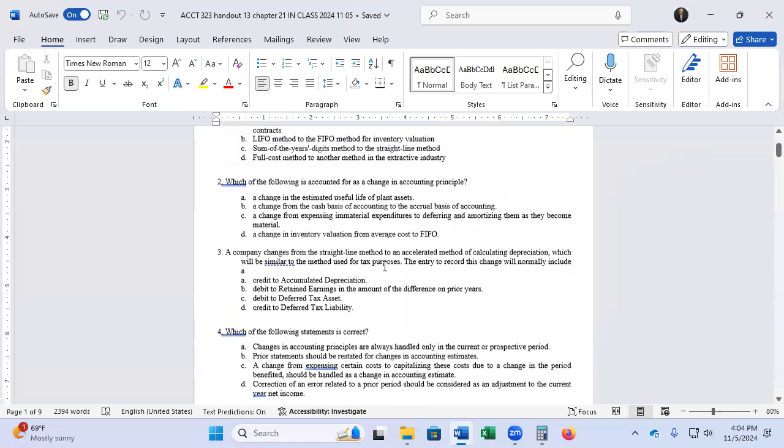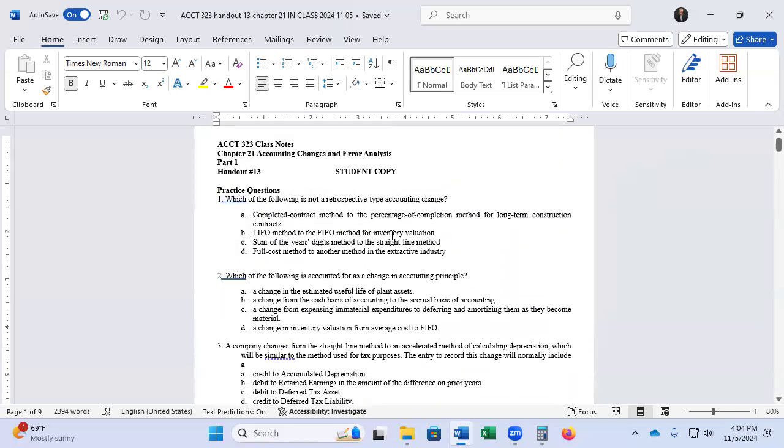Okay. Let's take a look at the first one. Which of the following is not a retrospective type accounting change? So here you'd be looking for what is a change in estimate. If you have a change in estimate, you know that it's not a retrospective type accounting change.